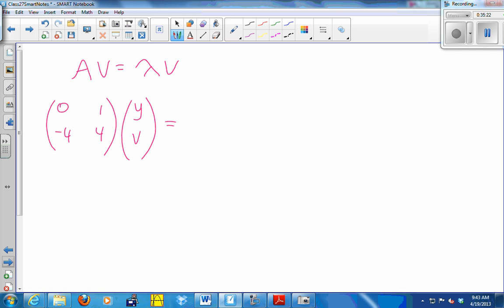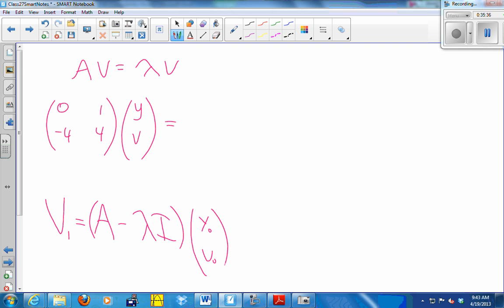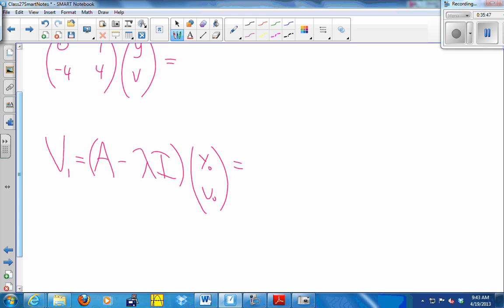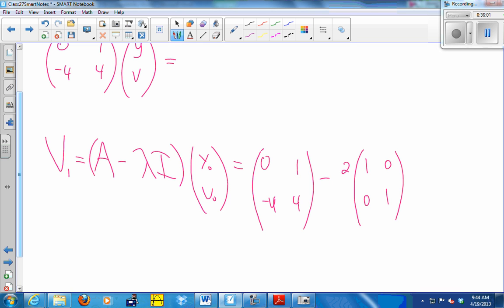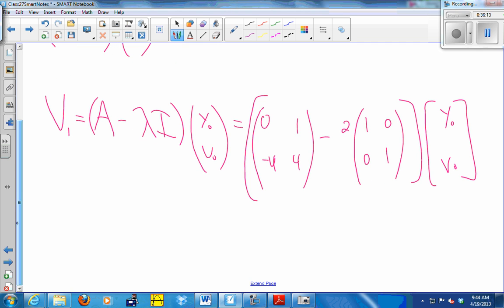Okay, so say it again. V1 is A minus lambda I times the initial condition. So A is 0, 1, negative 4, 4, minus 2 times the identity.